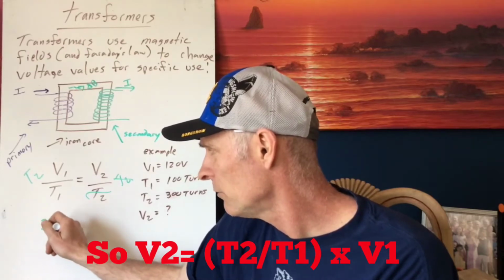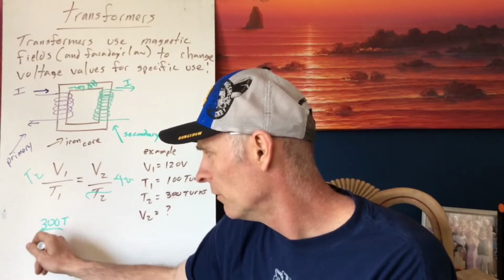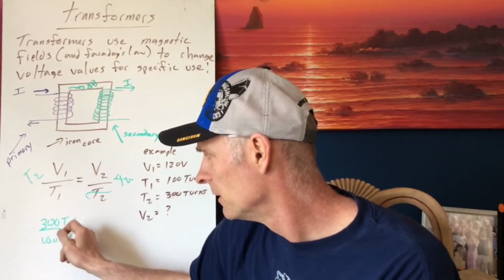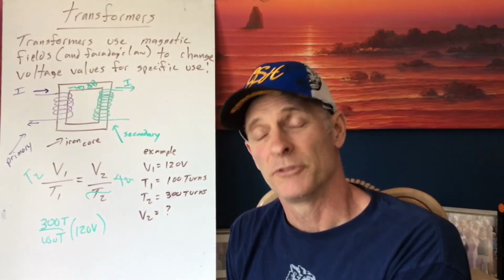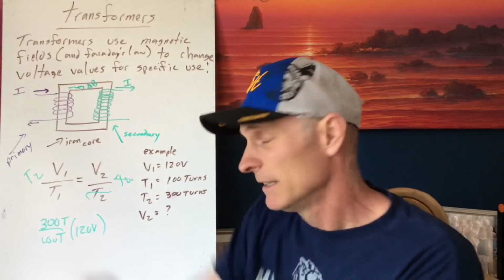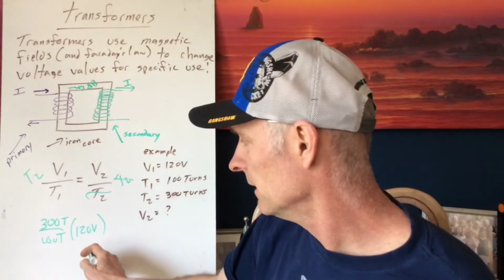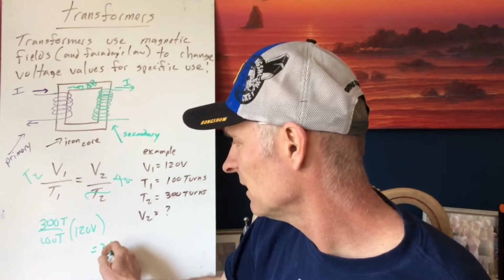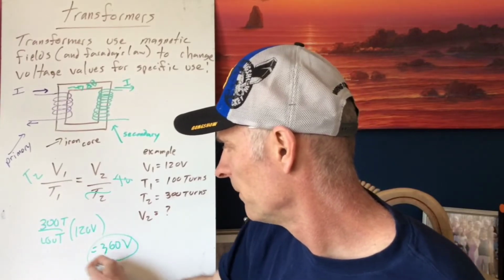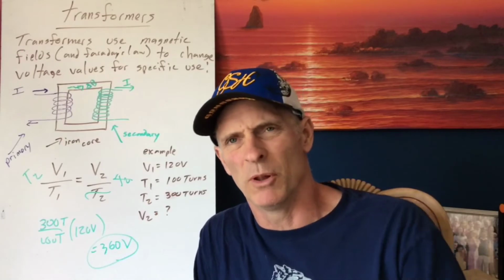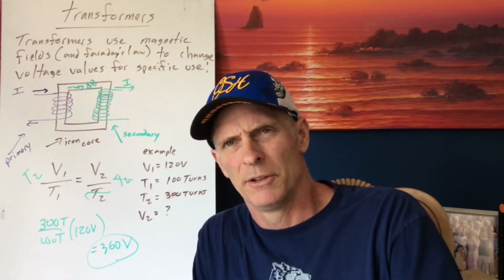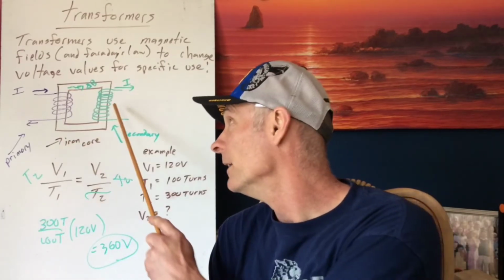So 300 turns over 100 turns times 120 volts. 300 over 100 is 3. 3 times 120 is 360 volts. So there'll be 360 volts available on the second coil, right here.